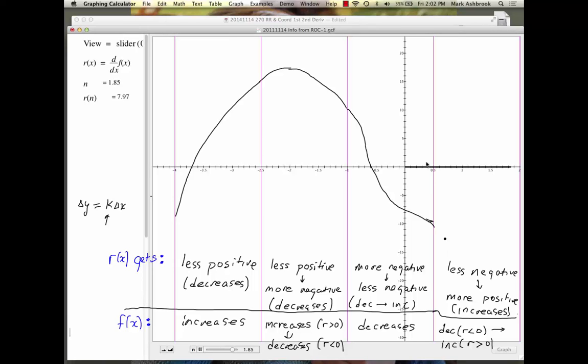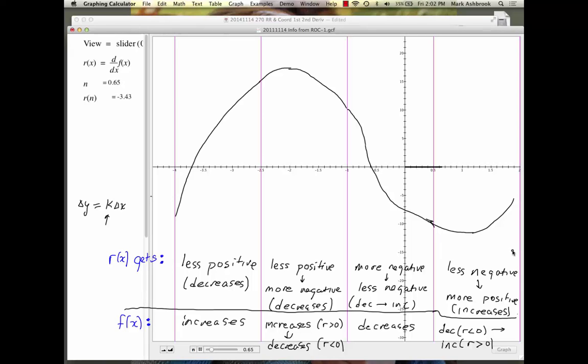And then it hits a pause at the bottom, when somewhere in there the rate was 0. So the accumulation pauses, and then the rate becomes more positive, and the accumulation increases, and its rate of change is increasing.